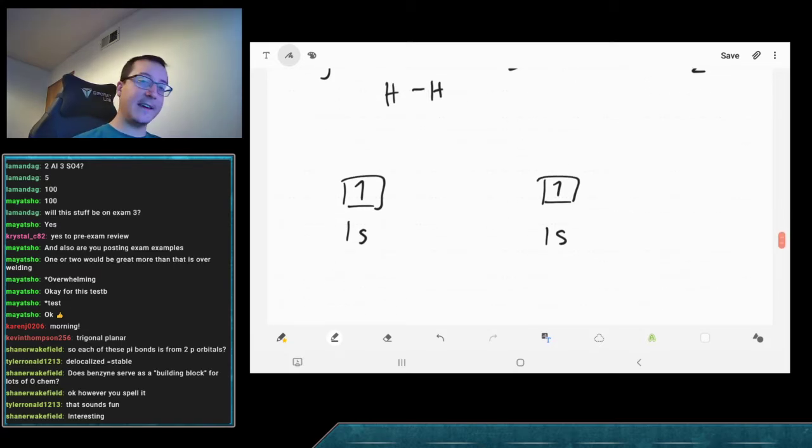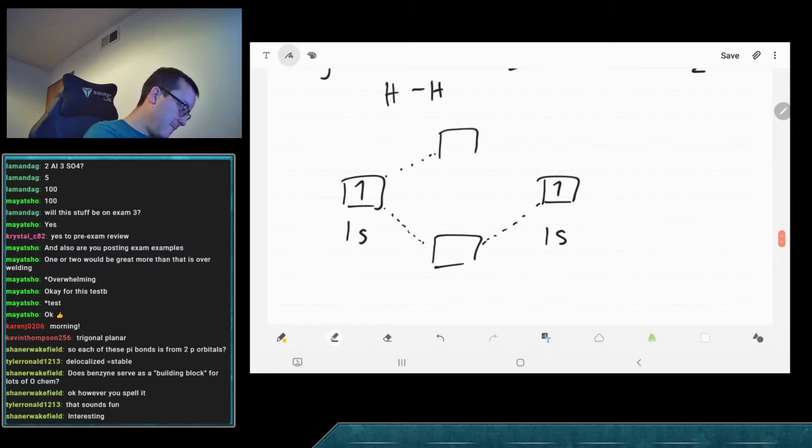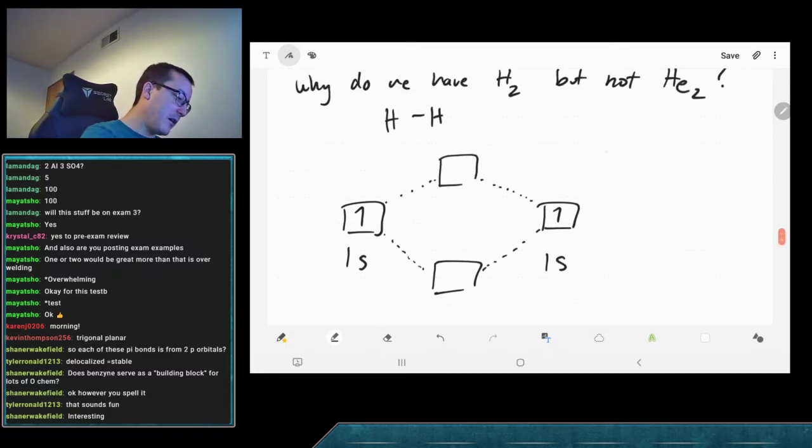We're going to see that molecular orbitals are basically combinations of atomic orbitals. We can combine orbitals in two ways. Remember that electrons can behave as waves, right?